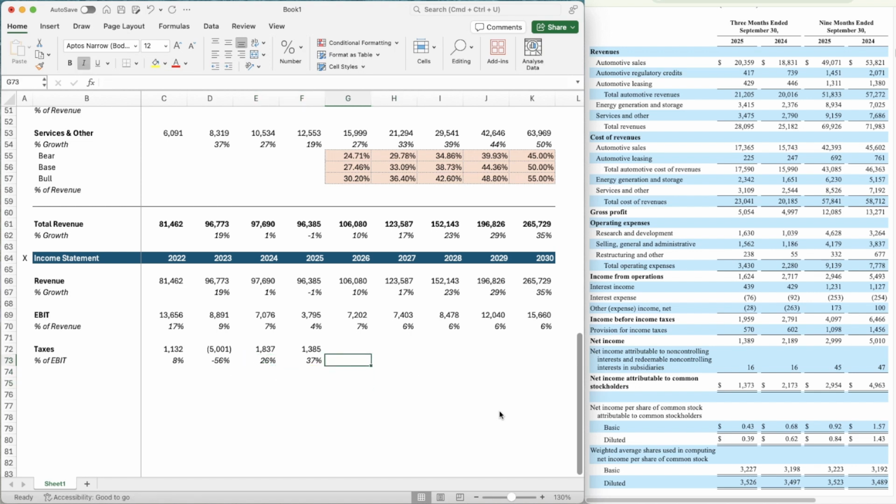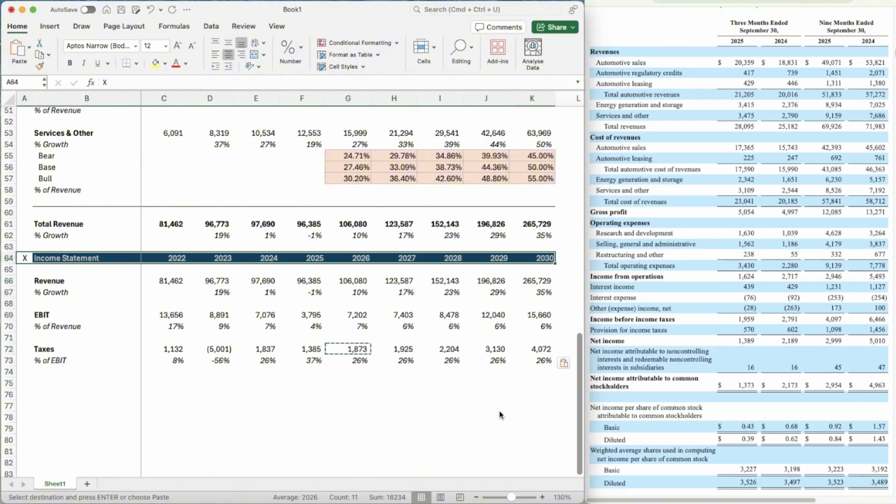Oh wow. But going forward, just put this for now to 26%. Put it forward. There we go. Okay.